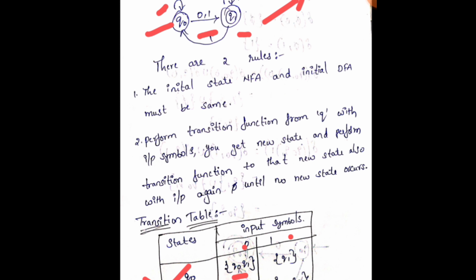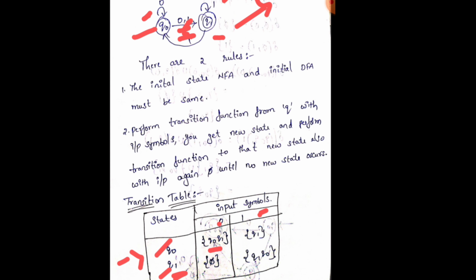So here we are writing Q naught Q1. And the state Q naught with the input symbol 1 moving towards Q1.